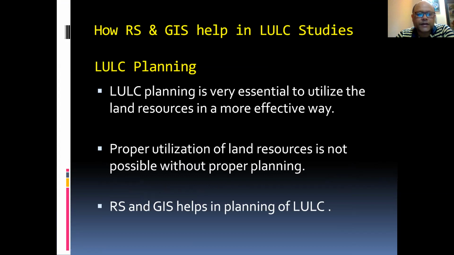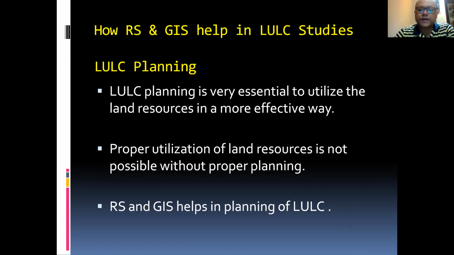Next, coming to land use planning. Land use land cover planning is very essential to utilize the land resources in a more effective way. For any kind of decision making process, we need planning. Without planning, it is not possible to make effective decisions. So land use land cover planning is an essential tool to utilize the land resources in a more effective and productive way.